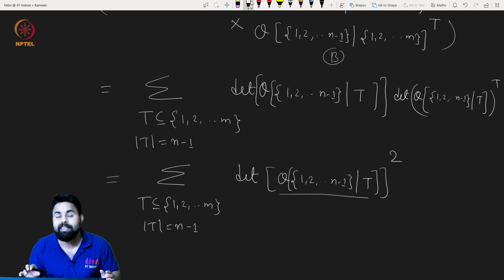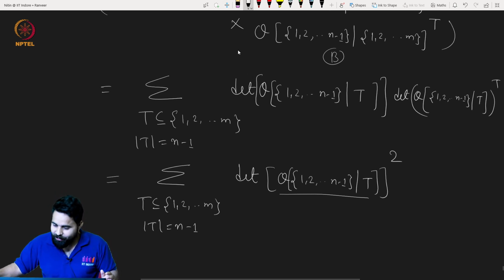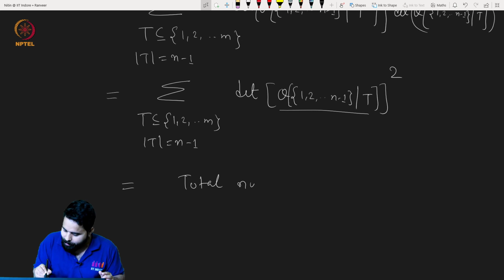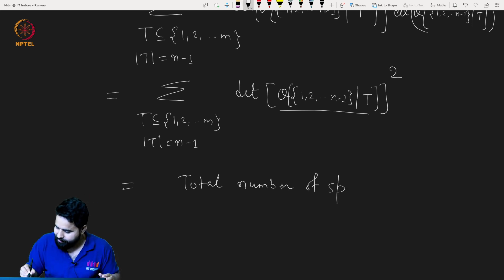So this is nothing but the total number of spanning trees in the graph. Very good, this proves it.